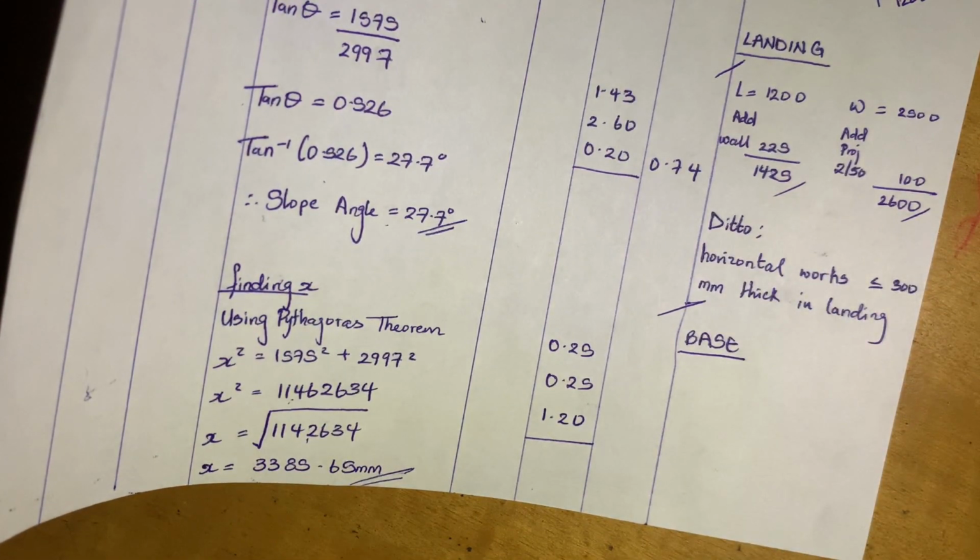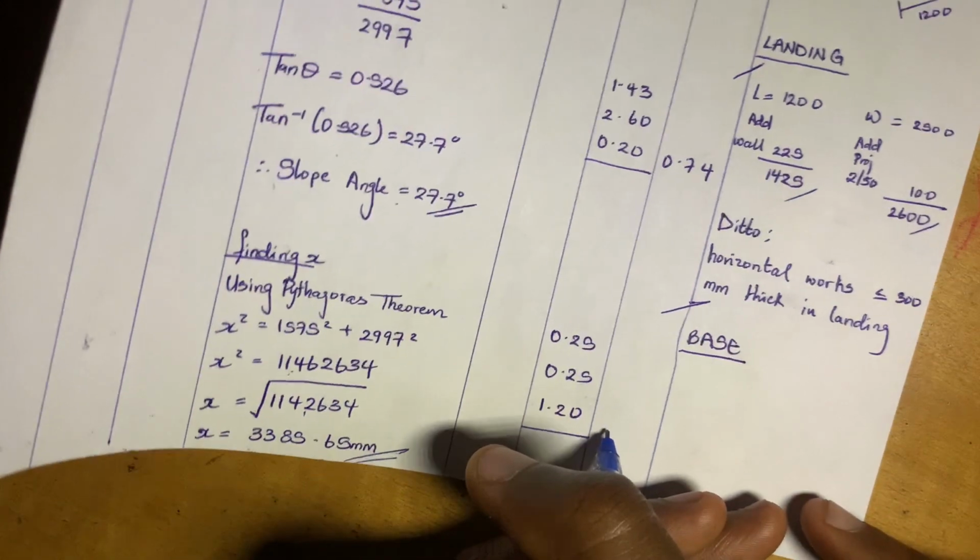So if you multiply everything that you have there, what do we have? 0.25 times 0.25 times 1.20. That will give me 0.075, approximately 0.08.